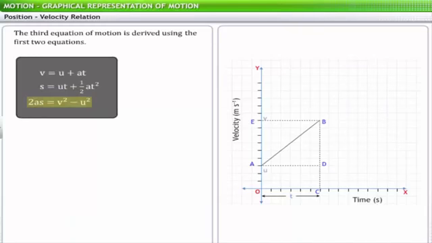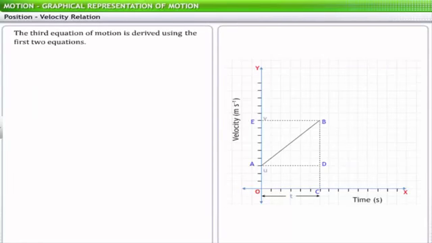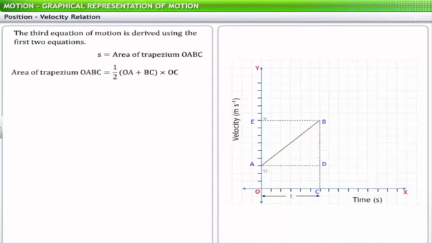The third equation of motion, called the position-velocity relation, is derived using the first two equations. In the velocity-time graph, the displacement of the object S is also equal to the area of trapezium OABC. Area of trapezium OABC is equal to half of OA plus BC multiplied by OC.